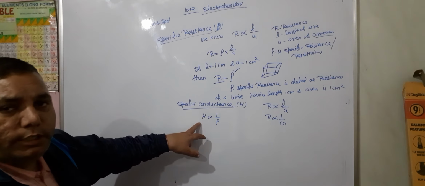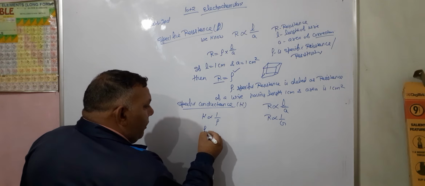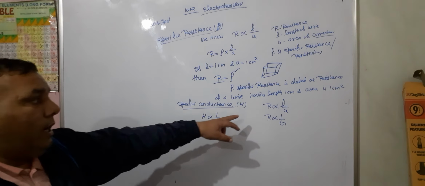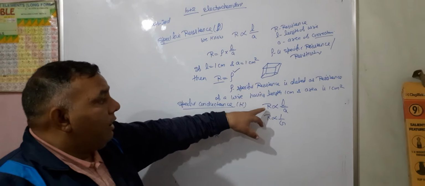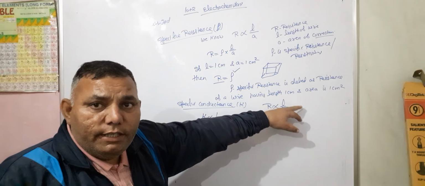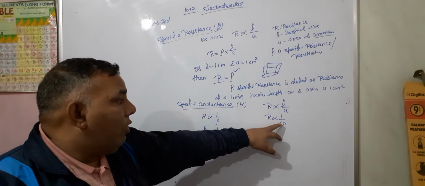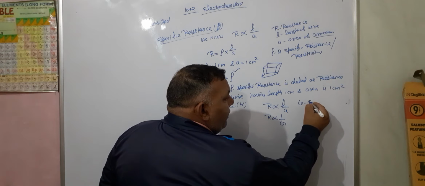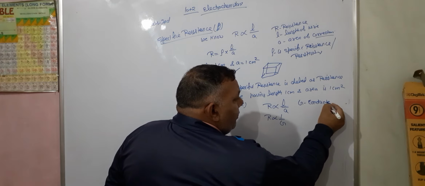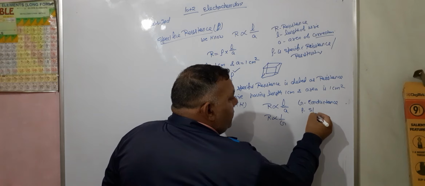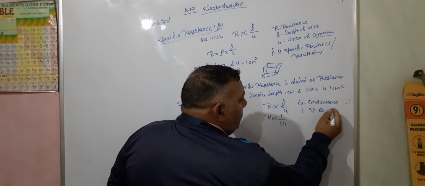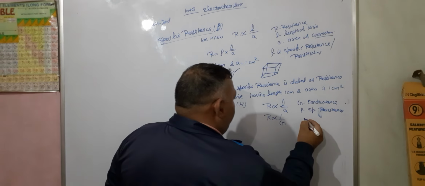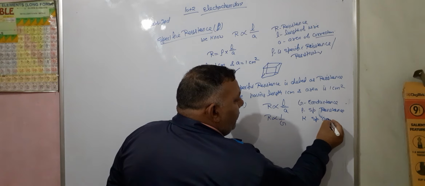Or we can write here, rho is inversely proportional to 1 by K. Here the same terms we used above: R is the resistance, L is the length and A is the area of cross section. And here G is the conductance, rho is specific resistance, and K is specific conductance.